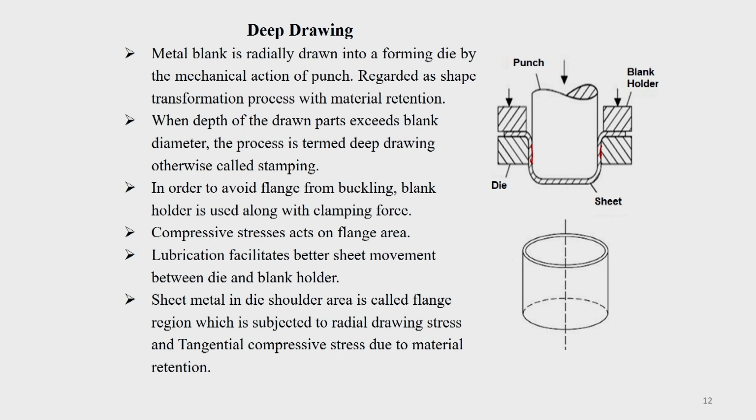Now, deep drawing is similar to stamping, though it looks similar. The terminology deep drawing is used when the depth of the drawn part, that means from here to here, this depth h, is greater than your blank diameter D. In this case you call it deep drawing, but if this depth is less than your diameter, then you call it a stamping operation.